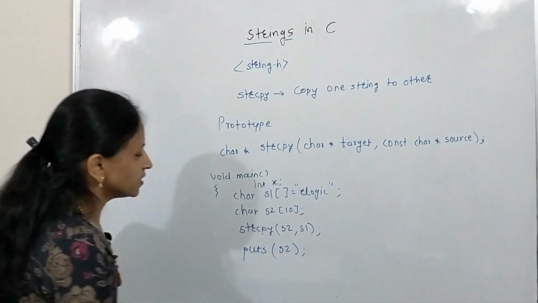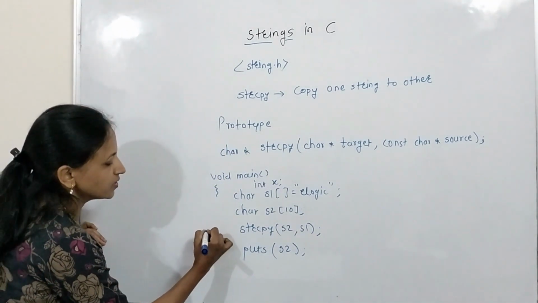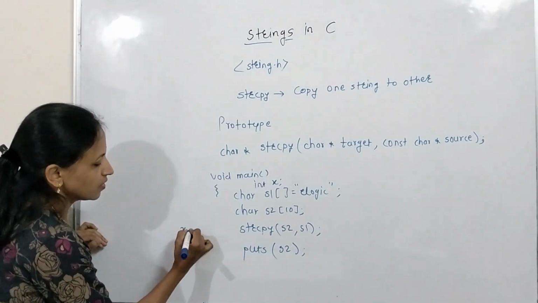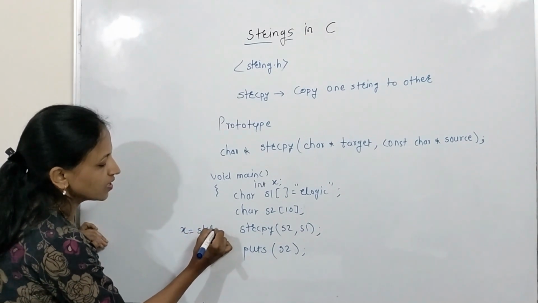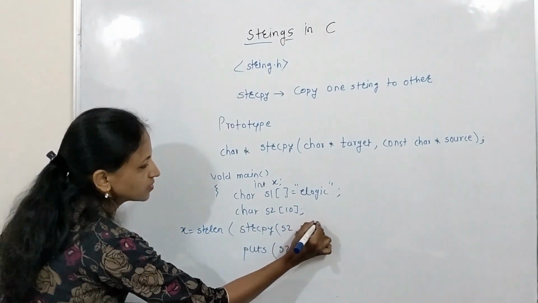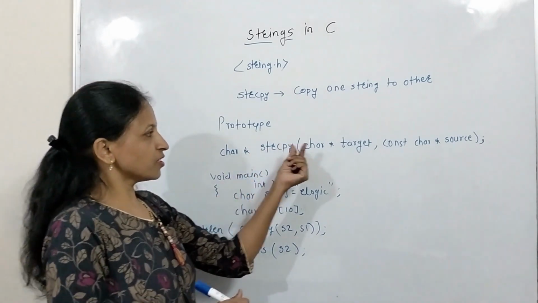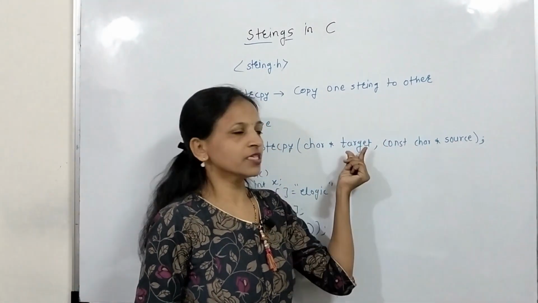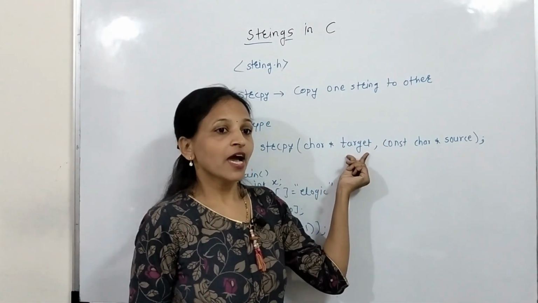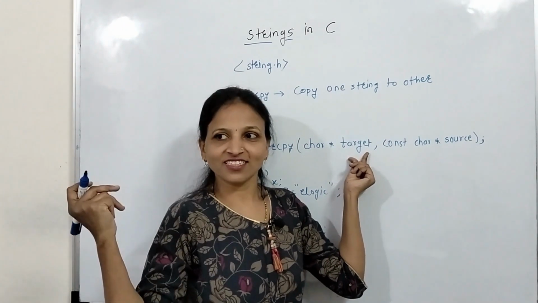Instead of that, I am writing here only x equals strlen and then this strcpy. This function will copy the source string into the target string and will return that target string.